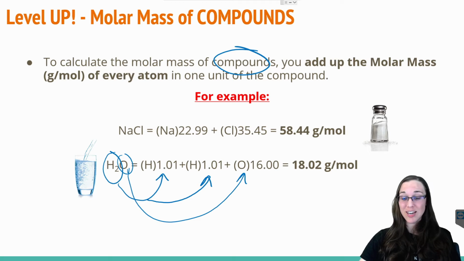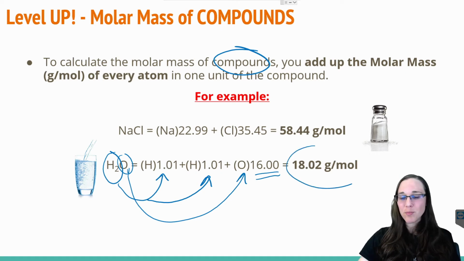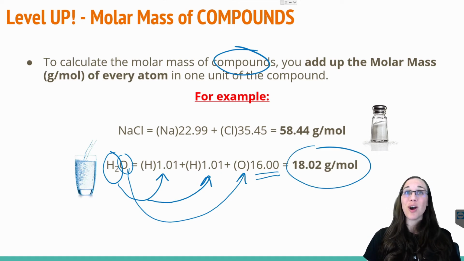If I add 16 plus 1.01 plus 1.01, I get 18.02 grams per mole for the compound of water, H2O. So again, if I weigh out 18.02 grams of water on a scale, I would have 6.02 times 10 to the 23rd molecules of water in that glass.